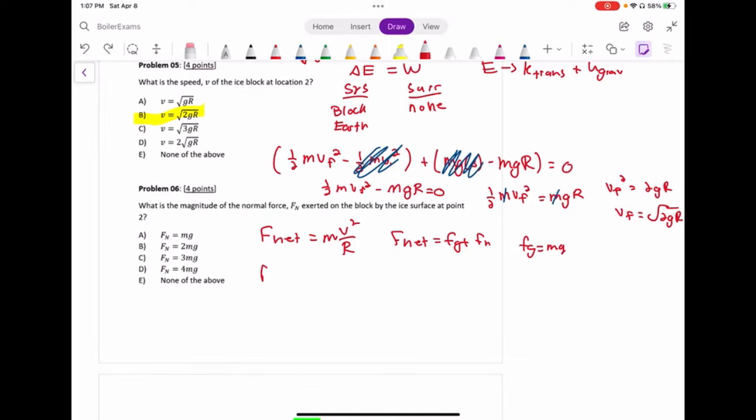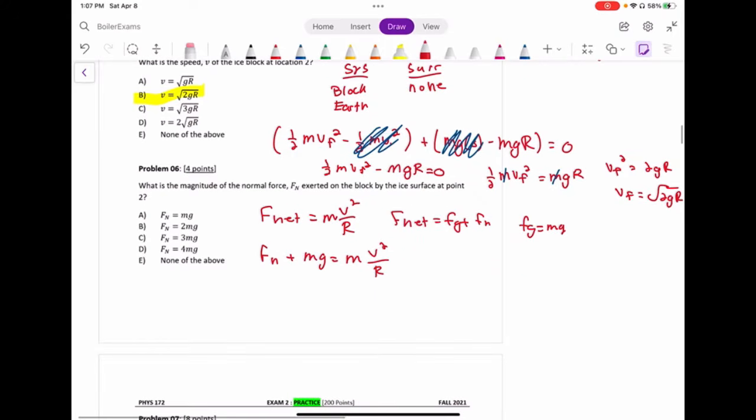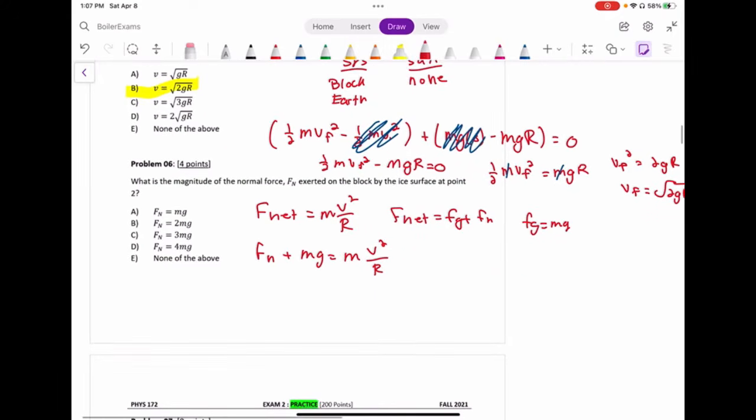Okay, Fn plus mg equals mv squared over r, and we solved for v previously, so we can use that to substitute in. So we got normal force is equal to mv squared over r minus mg, and we know up here that v is equal to root 2gr.